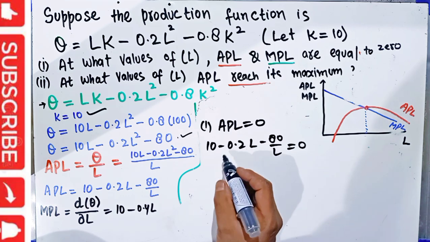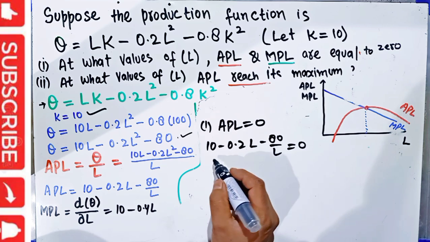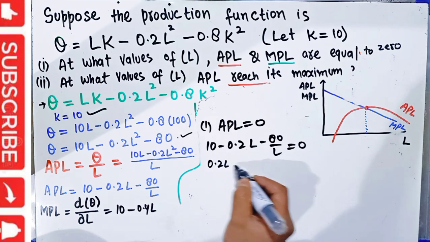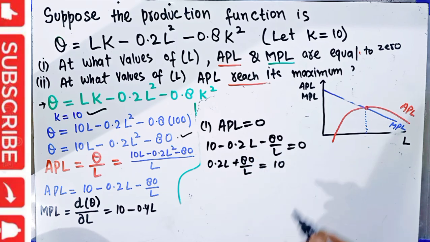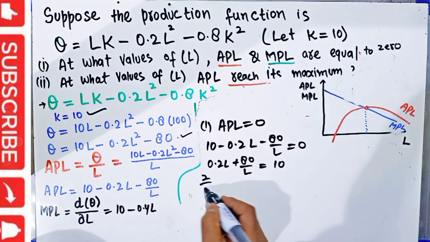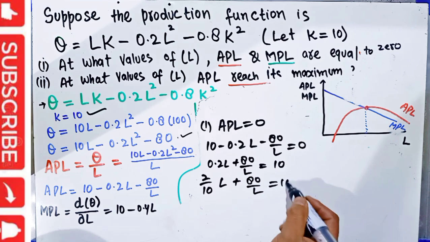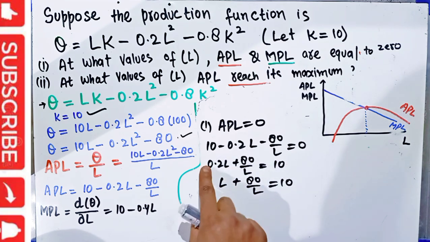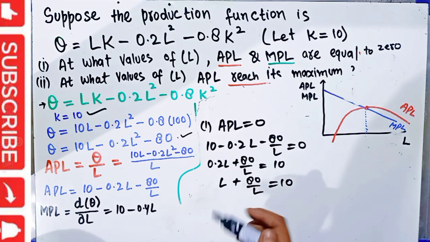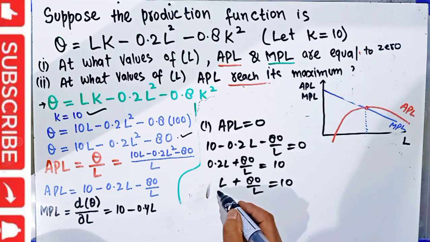Let's rewrite it in this fashion: 0.2L + 80/L = 10. Here 0.2 becomes 2/10, which simplifies to 1/5, so we get L/5.